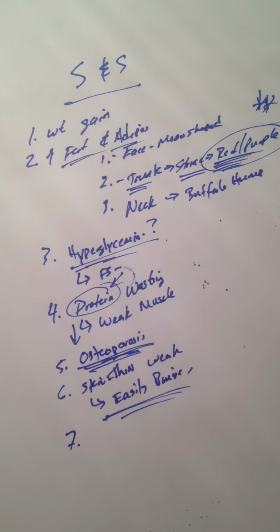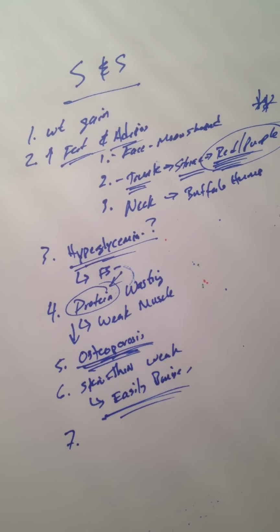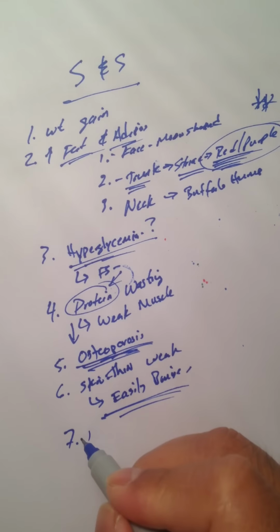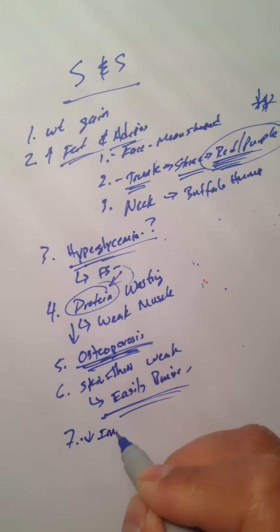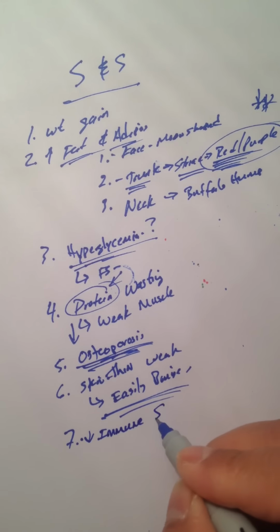Now, the other thing, we talked about in the beginning how the corticosteroids have an anti-inflammatory effect. They decrease inflammation. The other thing that they do is suppress your immune system.